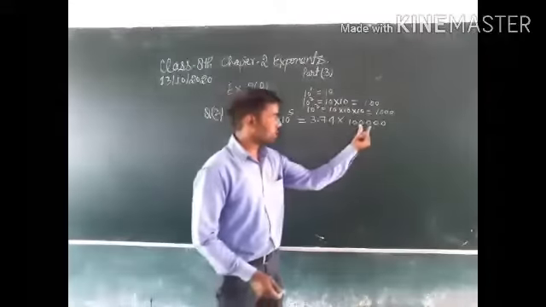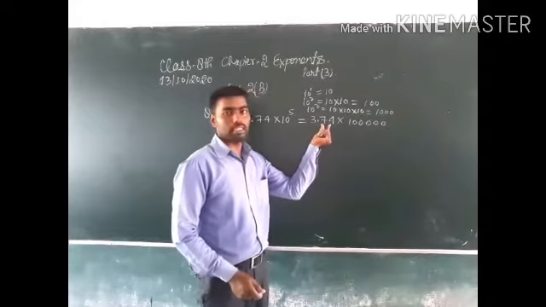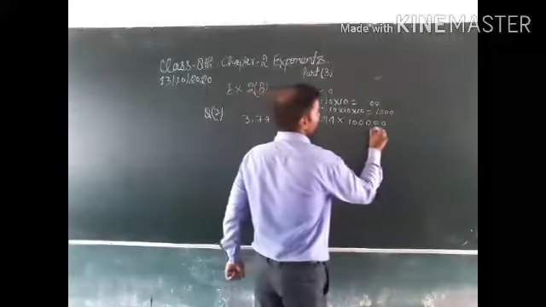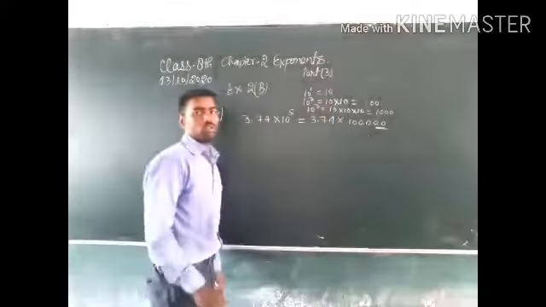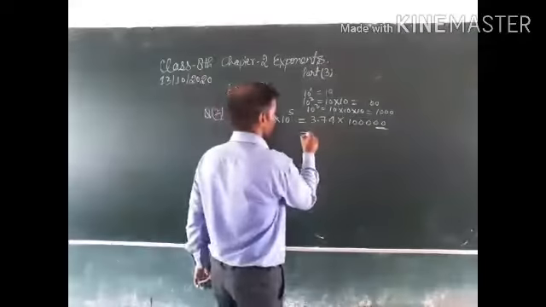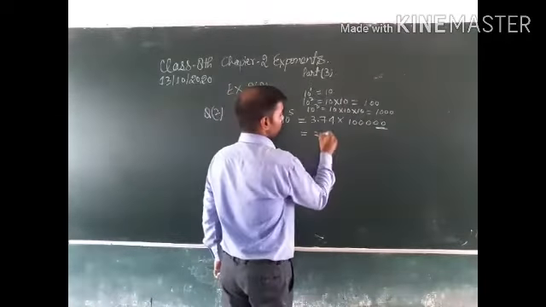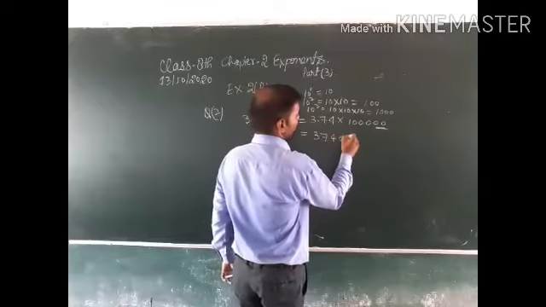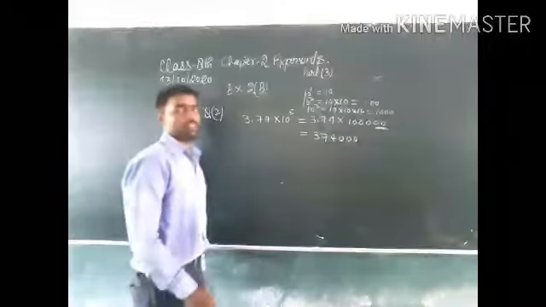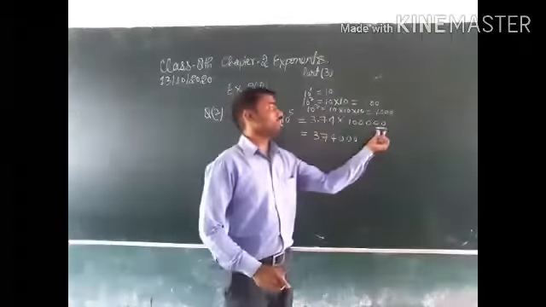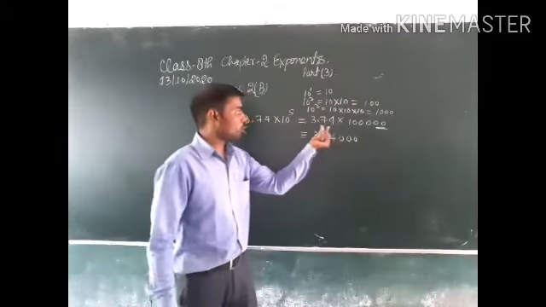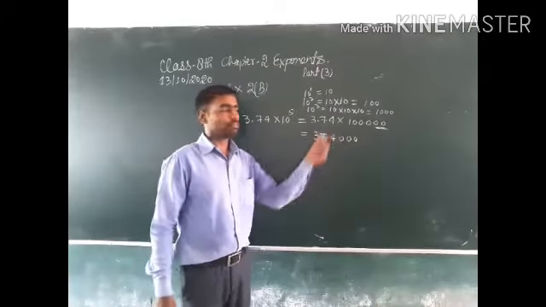With the help of this, there are two decimal places, so two zeros are cancelled out, and we can write this number as 374000. Why are two zeros cancelled out? Because there are two decimal places.